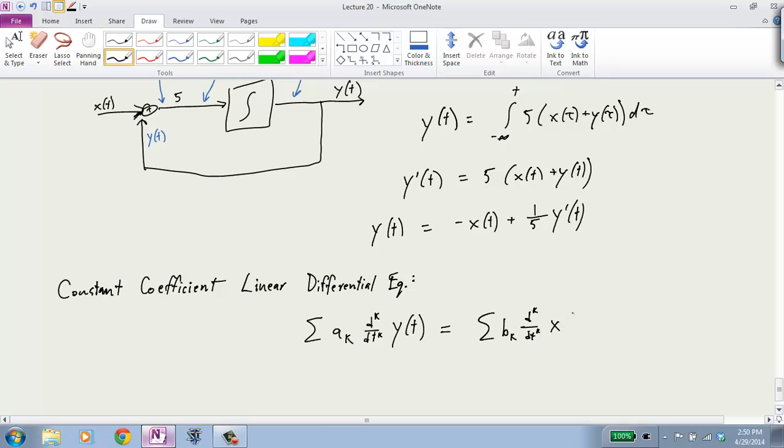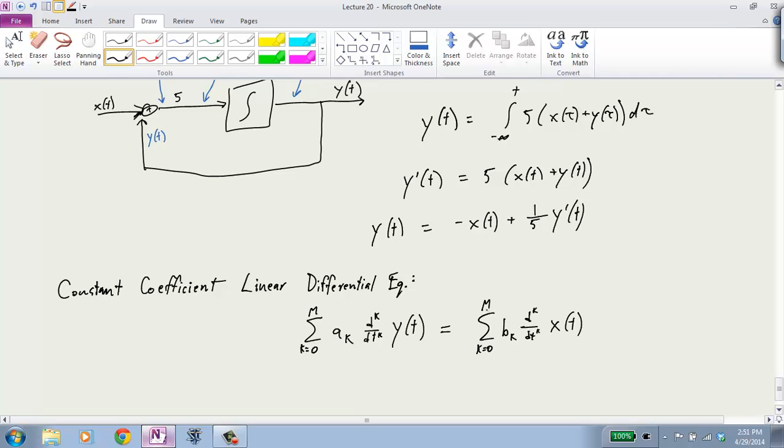So this would be a general form of a differential equation. You have sums going from k equals 0 to some number m, and m would be the order of this differential equation.